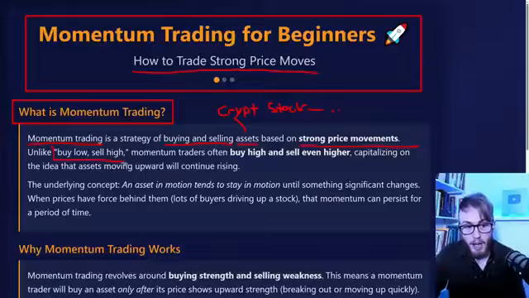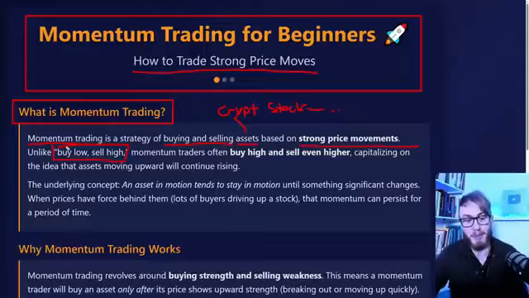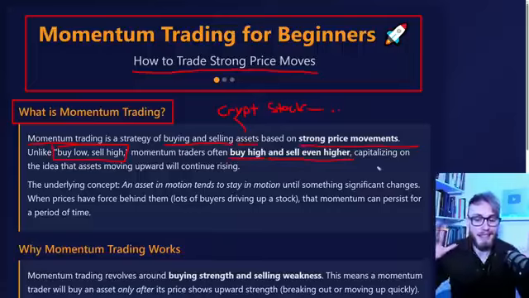So as I mentioned, unlike buying low and selling high, which is the most common way to think about trading, momentum traders often buy high and sell even higher. I really like this way of thinking about it. Buy high, sell higher.